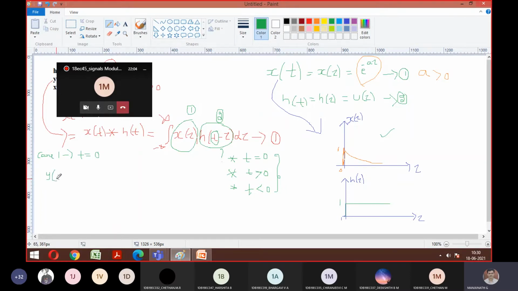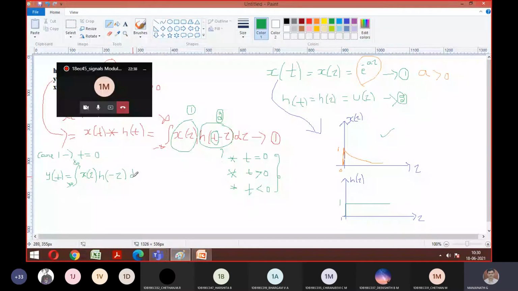So y of t is equal to the integration from minus infinity to plus infinity. x of tau remains x of tau because there is no t term involved in that. Now tell me what is going to happen for h of t minus tau. Here t is 0, so it looks like h of 0 minus tau. Nothing but h of minus tau d tau.